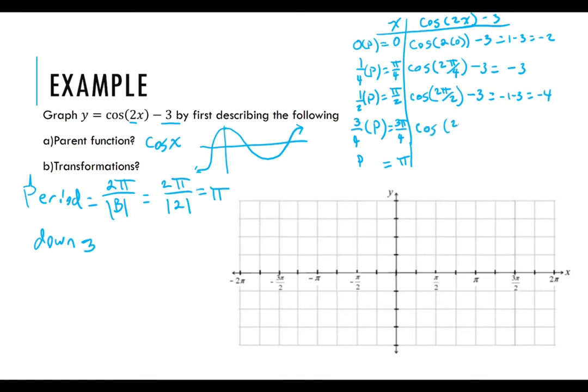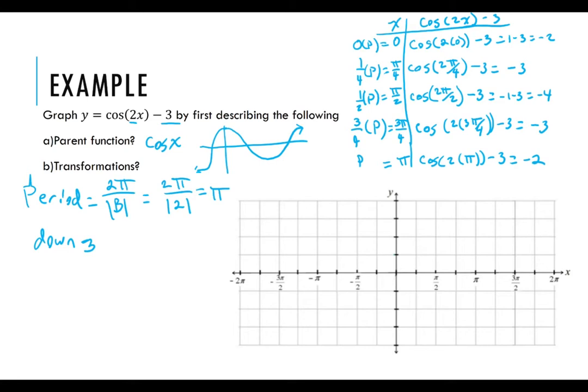Cosine of 2 times 3 pi fourths ends up being cosine of 3 pi halves, and cosine of 3 pi halves is 0. 0 minus 3 is minus 3. Then cosine of 2 pi, cosine of 2 pi is 1. 1 minus 3 is minus 2.